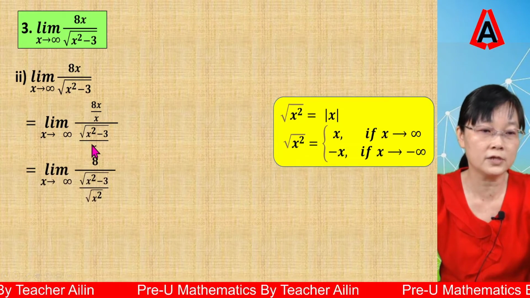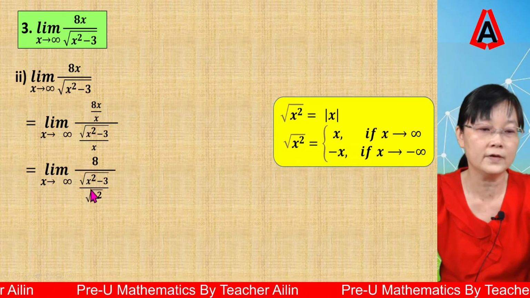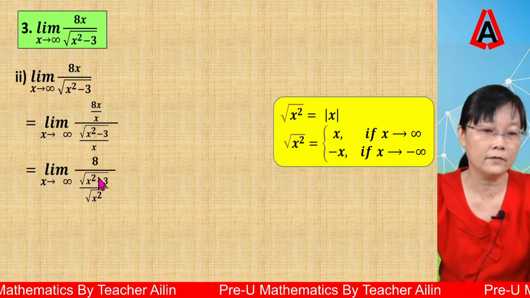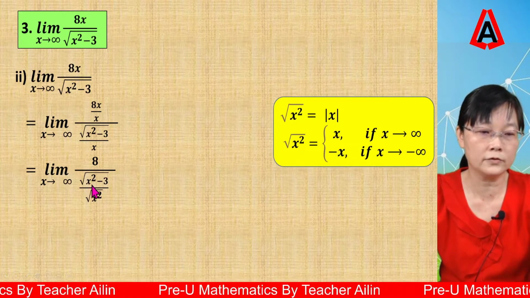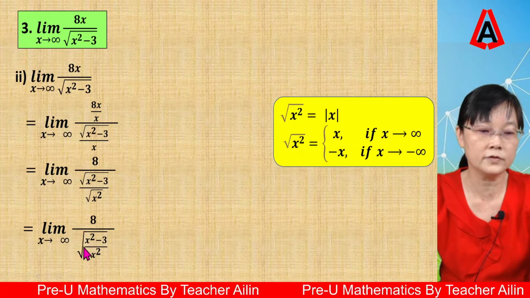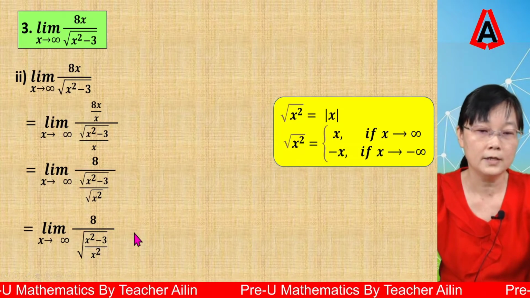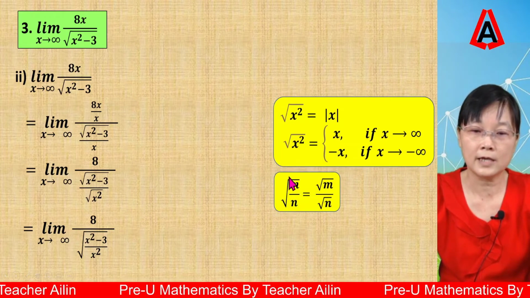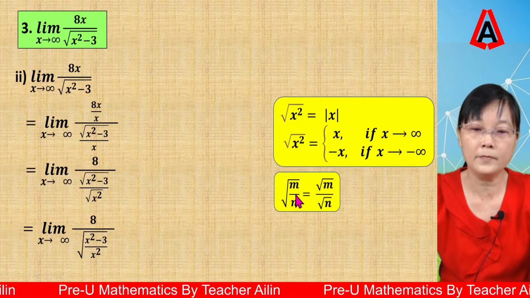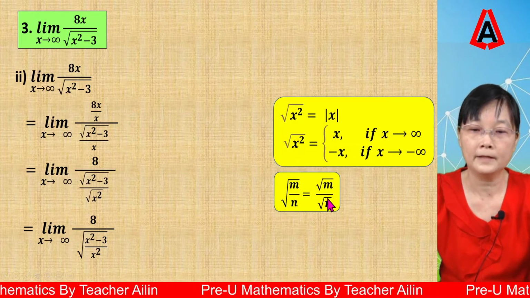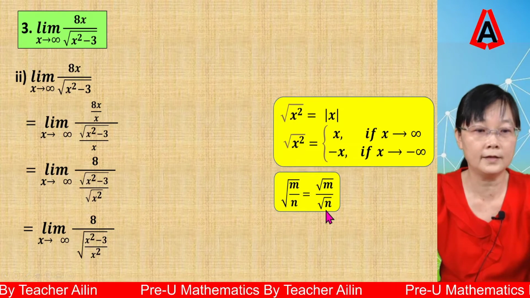So we change x to the positive square root of x power 2. Then after that, we combine the square root to become the square root of x power 2 minus 3 over x squared, because I'm using the index concept where the square root of m divided by n is equal to the square root of m divided by the square root of n.